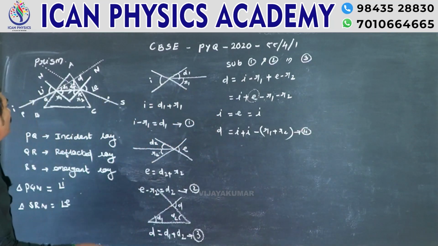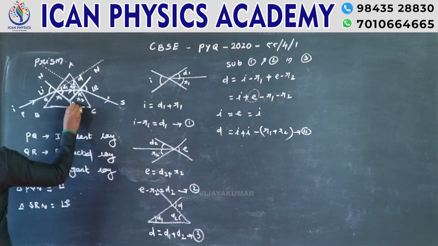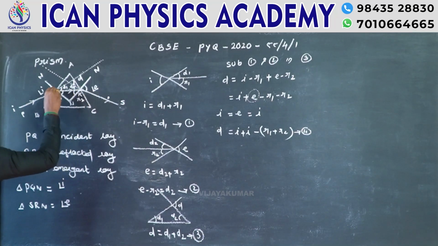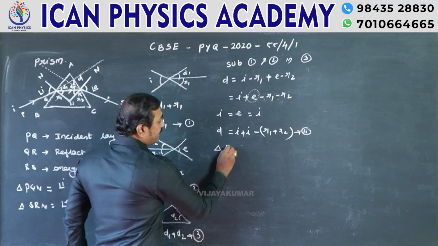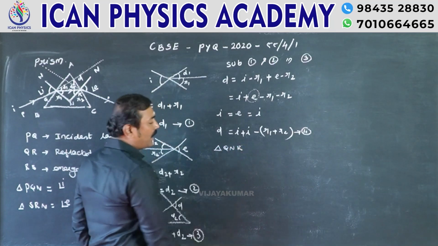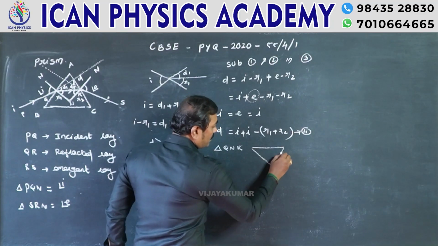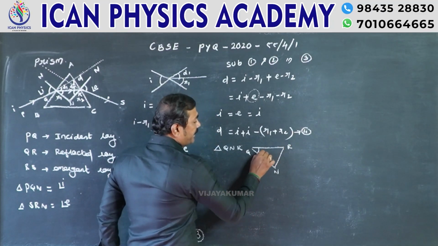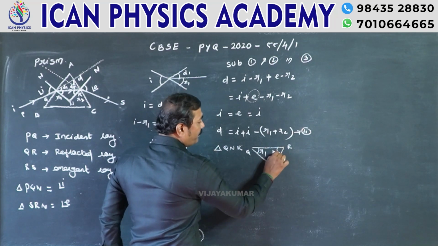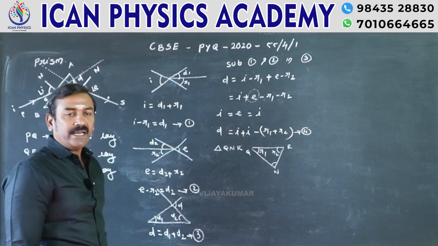Now look at this triangle. It can be taken as QNR. In the triangle QNR, we get 3 angles: QNR, R1 and R2. The sum of the 3 angles is 180.